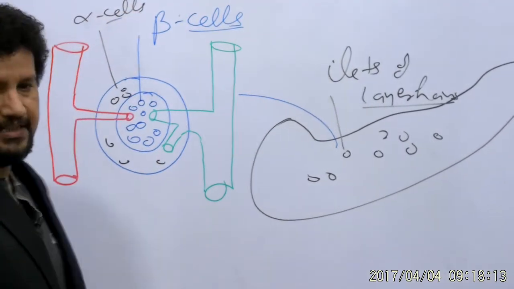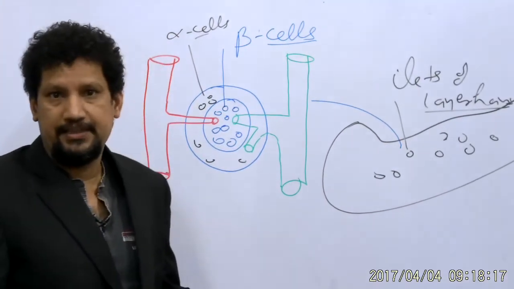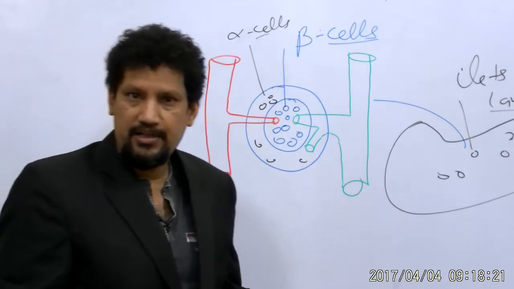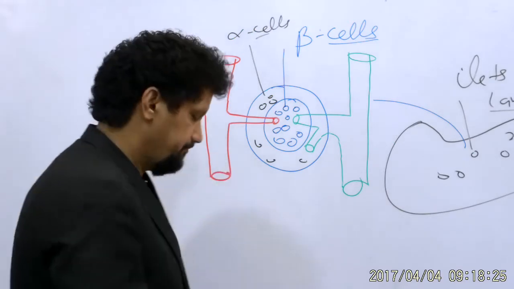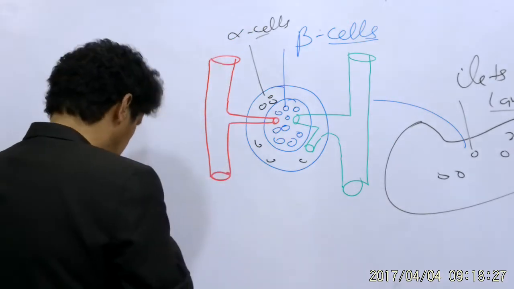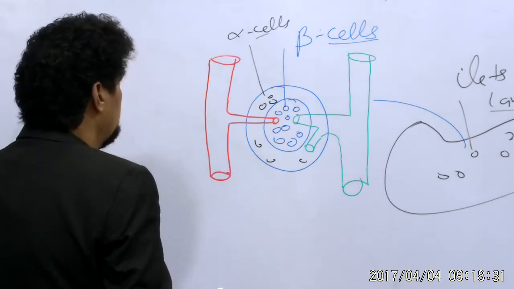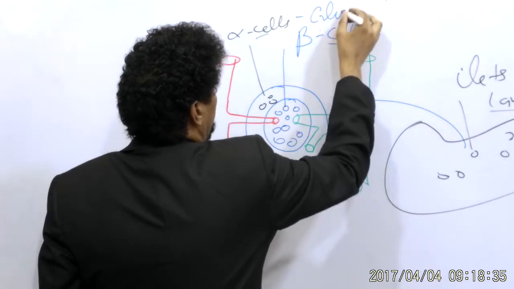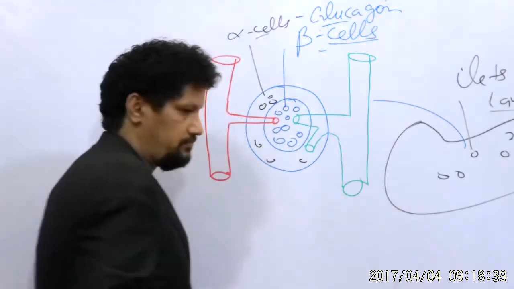The beta cells are secreting the insulin, the alpha cells are secreting the other hormone regulating the metabolism of the carbohydrates or the glucose, the glucagon. It is secreting the glucagon.